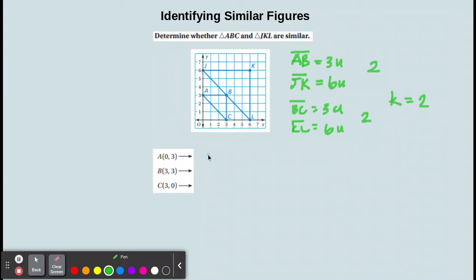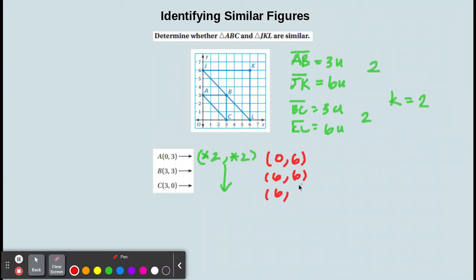So if we multiply both our x and y values by 2, we should end up with our J, K, and L. So 0 times 2 is 0. 3 times 2 is 6. 3 times 2 is 6.